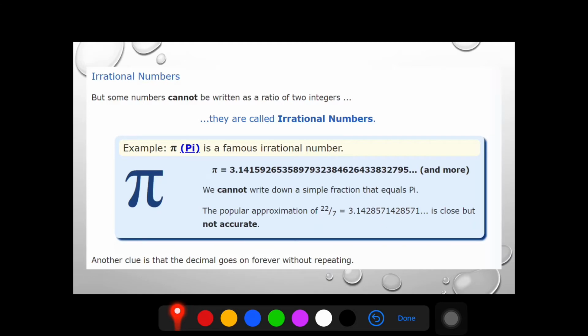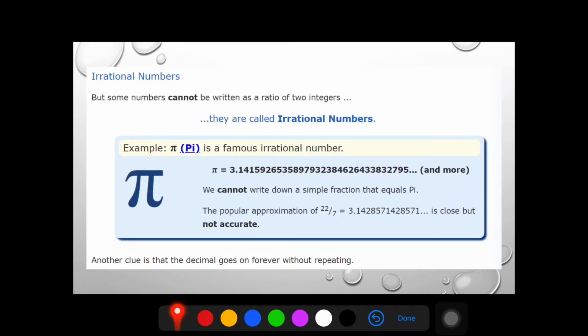It is not the actual pi, it's only an approximate value. The actual pi is 3.14159 and so on. Actually totally different. So pi is not a rational number. It is called an irrational number.